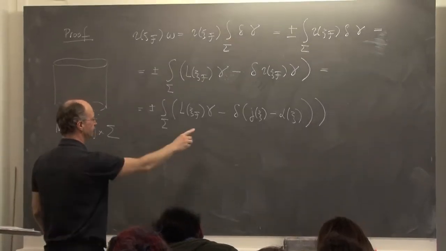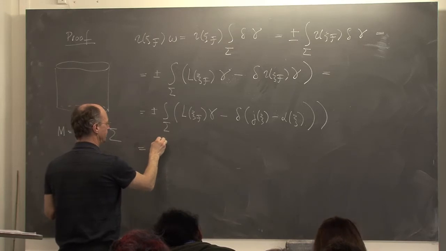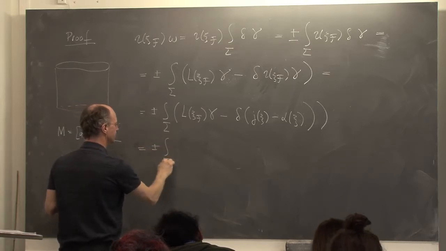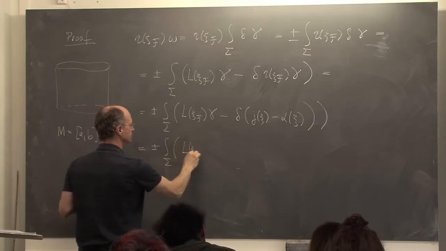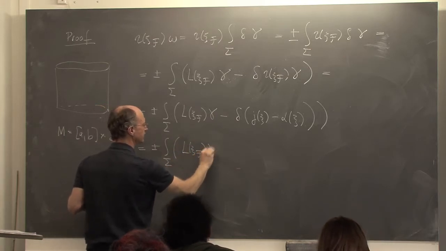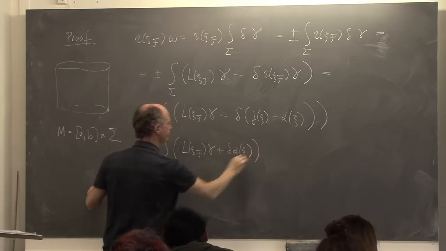And let me now reshuffle the terms in the following way. So this is plus minus integral over sigma L psi f gamma plus delta alpha psi.